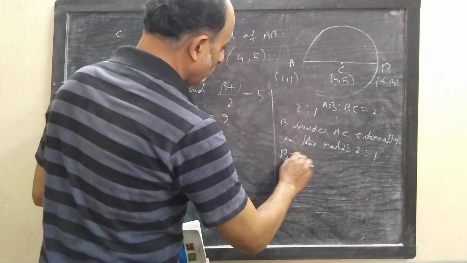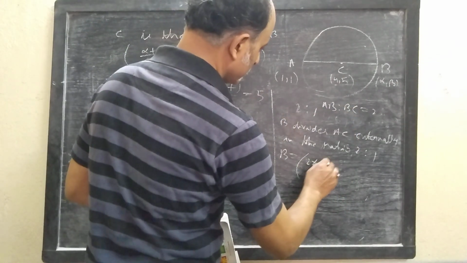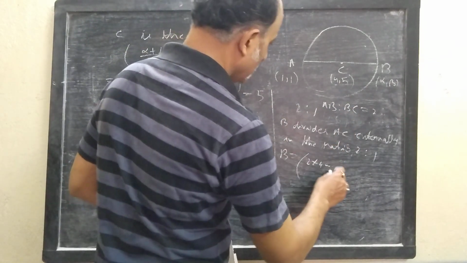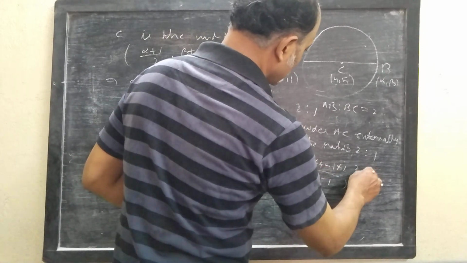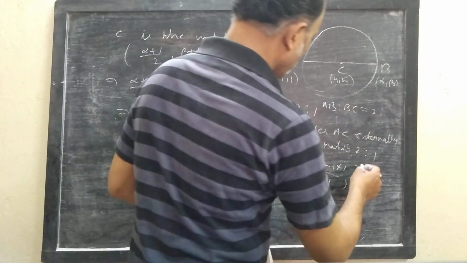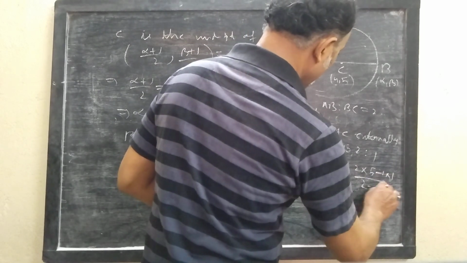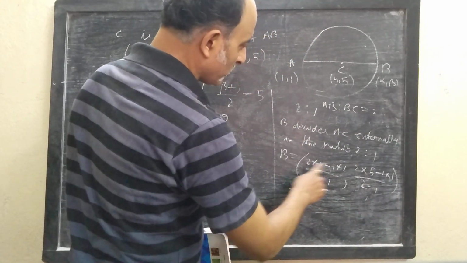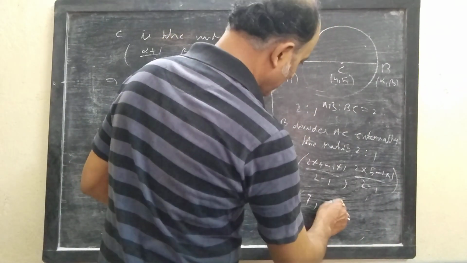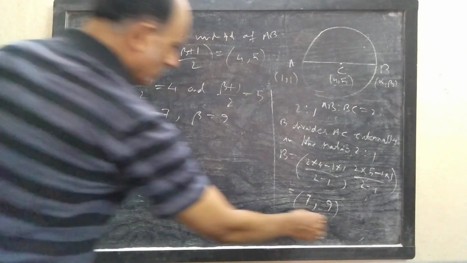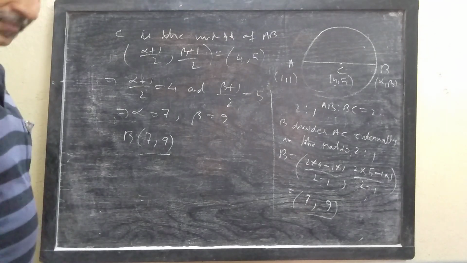So the coordinates of B will be (m x2 minus n x1)/(m minus n), that is (2 into 4 minus 1 into 1)/(2 minus 1), comma (2 into 5 minus 1 into 1)/(2 minus 1). You get 2 times 4 is 8 minus 1, 7. You get 2 times 5 is 10 minus 1, 9. So (7, 9). Look, you get the same answer.